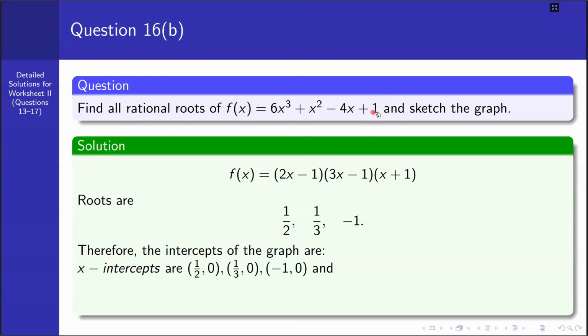The constant term in this case is 1, so that 0 1 will be the y-intercept.